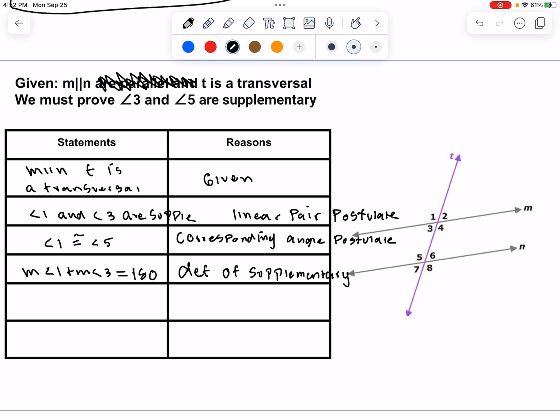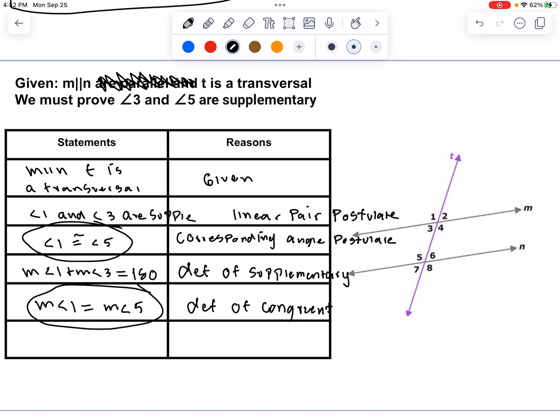And if 1 and 5 are congruent, then the definition of congruent means they're the same measure. So I'm just going to rewrite it. That means that the measure of 1 equals the measure of 5. Since they're congruent, their measures are equal.